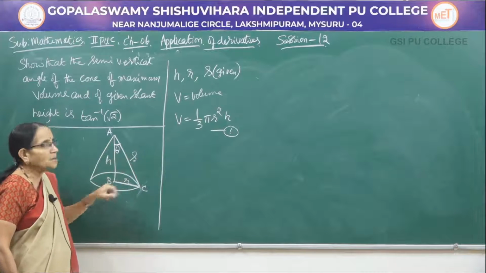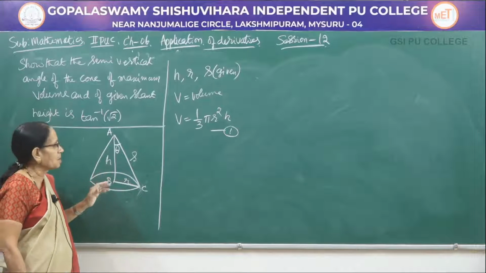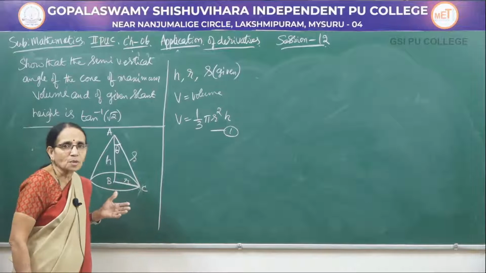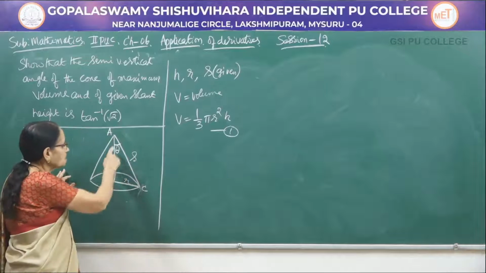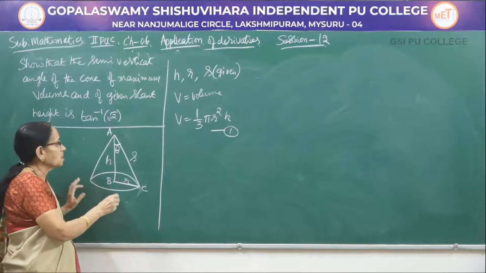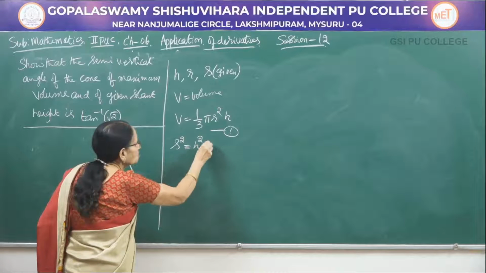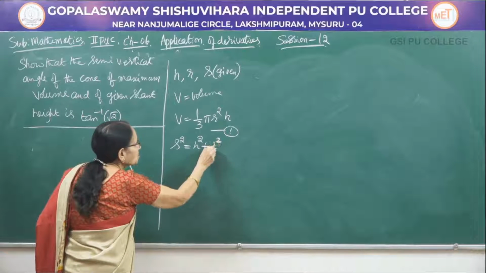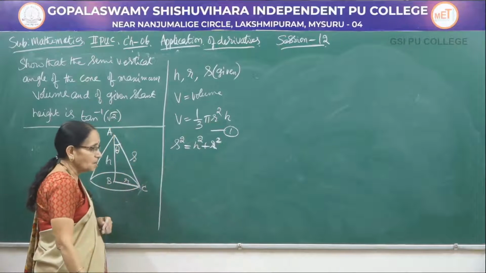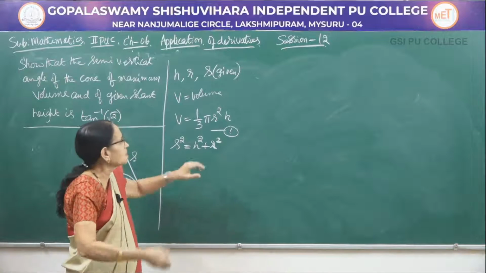Now look at the triangle ABC. What type of triangle? It's a right angle triangle. So automatically we make use of the Pythagoras theorem, that is AB square plus BC square equal to AC square. What is AC square? It is S square equal to H square plus R square. Isn't it? See here, either H or R, any one can be eliminated. We have to think a little bit here.